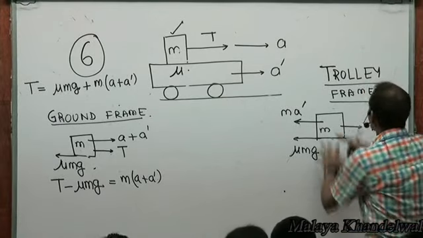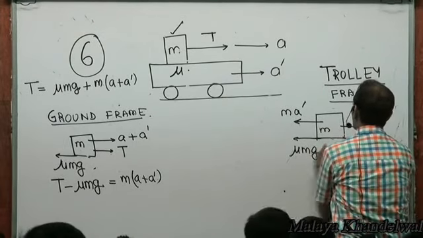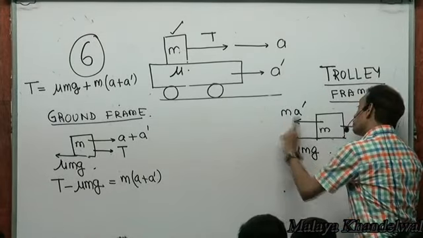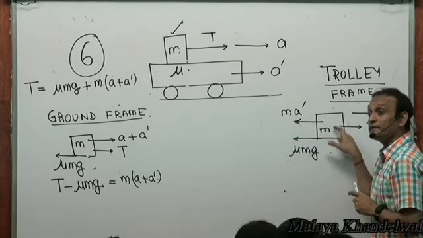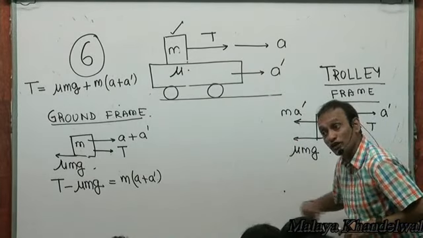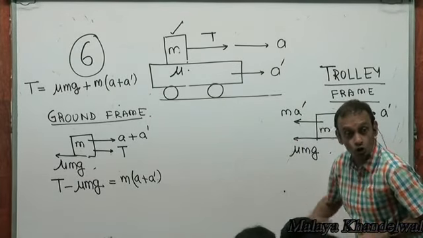Right? And the net effect of all of this: if I apply the pseudo force, I will get the acceleration of small m in the trolley frame, which is a. The moment I deploy the pseudo force, the effect produced would be in the trolley frame, which is the non-inertial frame. Yes or no? So this will give me the same value of T. What would it do?